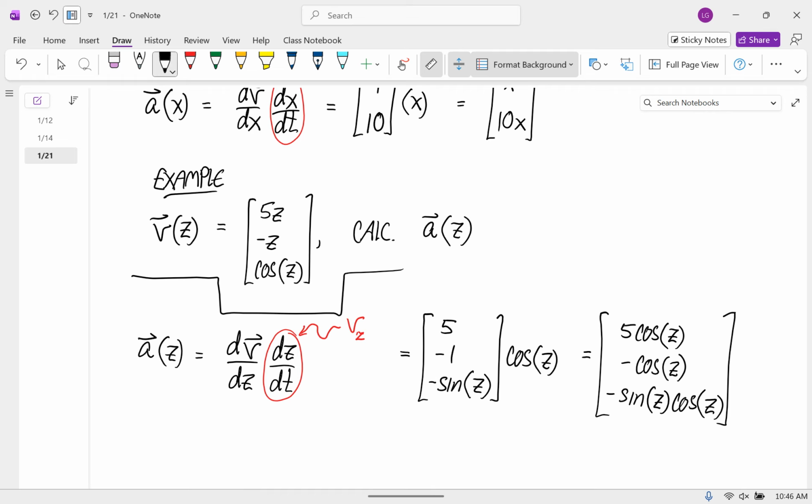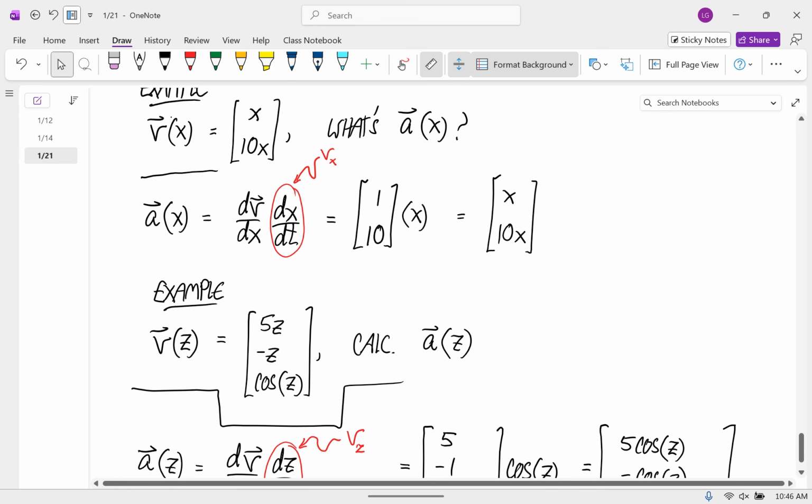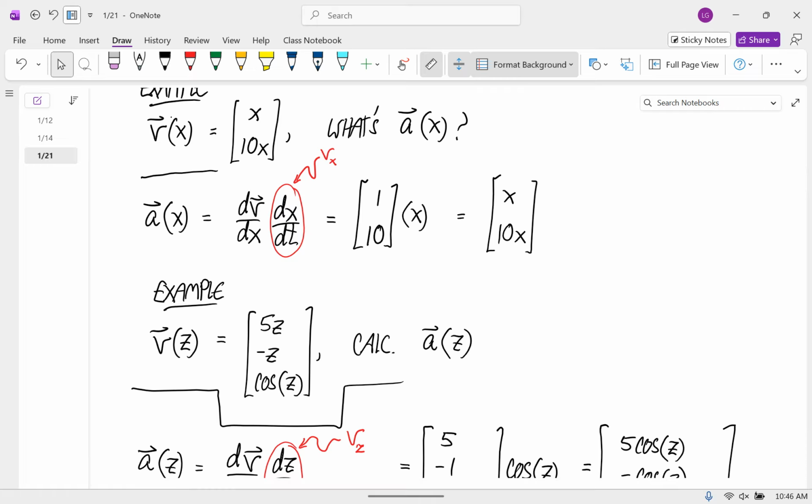For the first one, I'm just kind of caught up on how velocity is the same thing as acceleration. Is that just random? It's random. It just worked out that way. It's totally random. It's not usually the case. So maybe I should come up with a better example there.